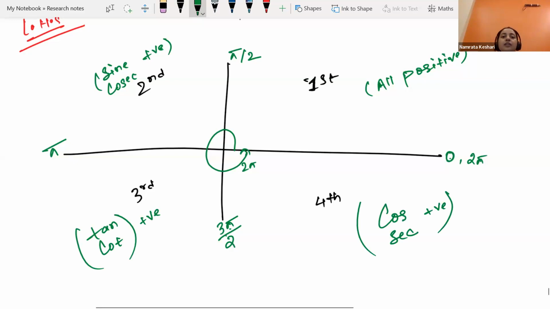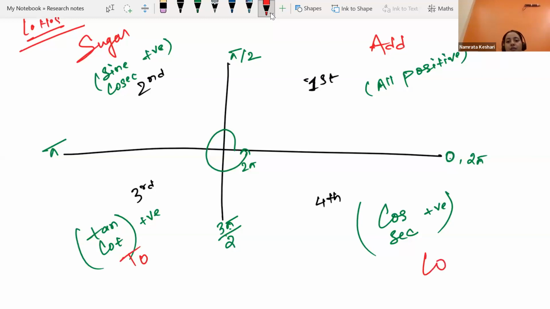So I told them that there is a sentence which will help you recall this concept every time. That is add sugar to coffee. Add means A, and A means all will be positive in the first quadrant. In the second, sugar means S, and S means sine will be positive, so we will understand that cosec will also be positive.